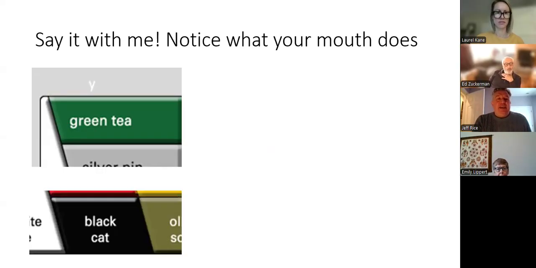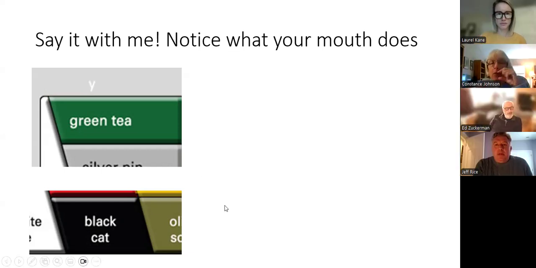Okay, now let's look at this next pair. Green tea, black cat. Anyone notice what difference in your mouth shape between green tea and black cat? Mouth is more smile for green tea and kind of more oval for black cat.